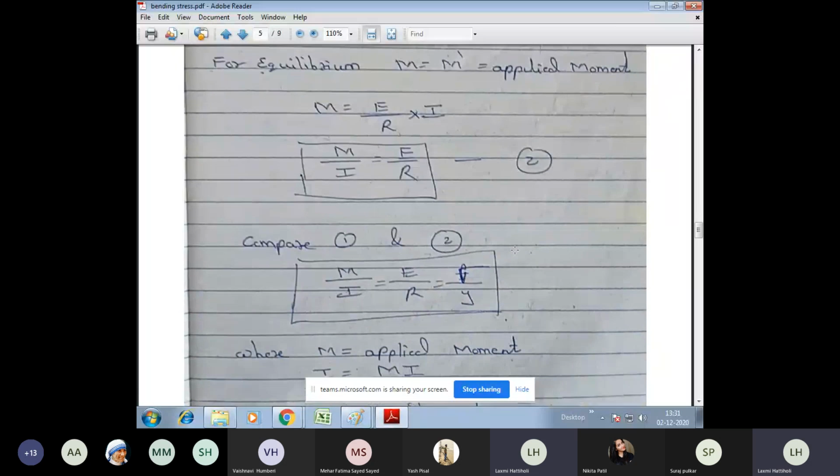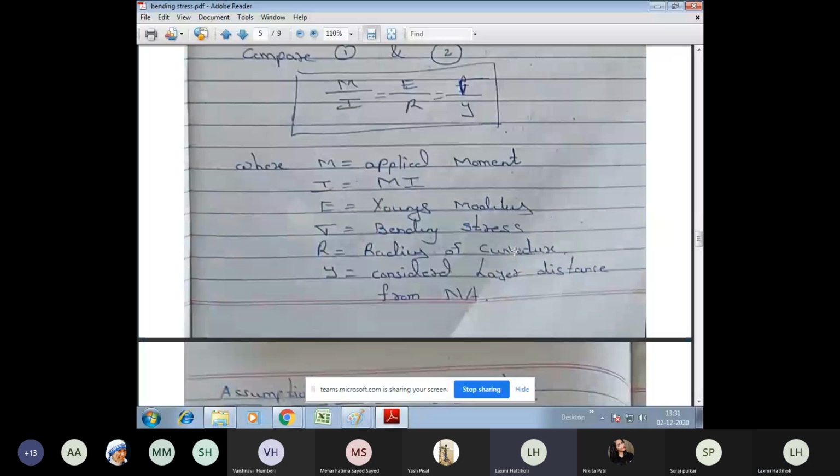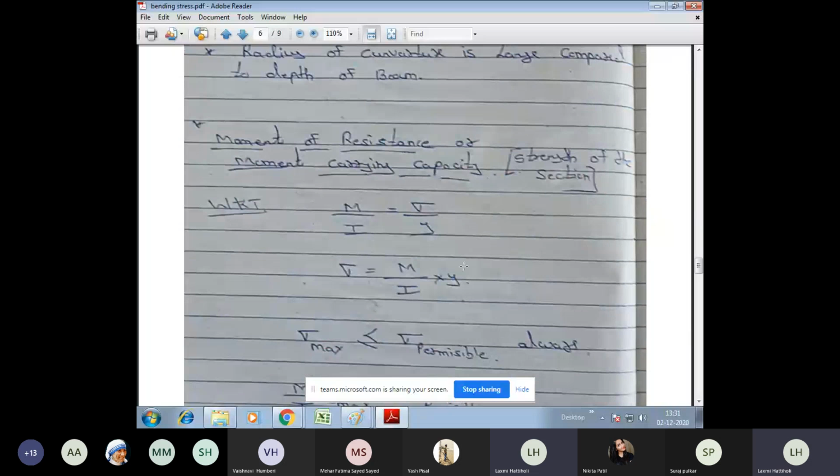Now let me come to the point I was talking about, the moment of resistance. Usually you get a question like, briefly explain moment of resistance or moment carrying capacity of the beam. You may get it for 3 to 4 marks. What is the moment of resistance or moment carrying capacity of a section? Or it can be asked in other ways, like briefly explain the strength of a section.